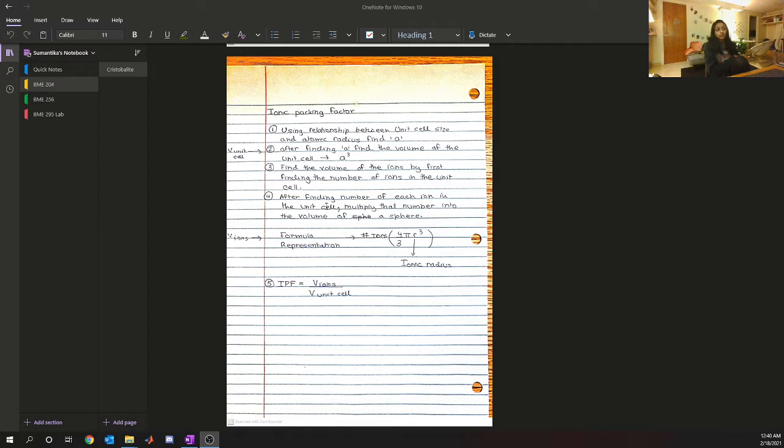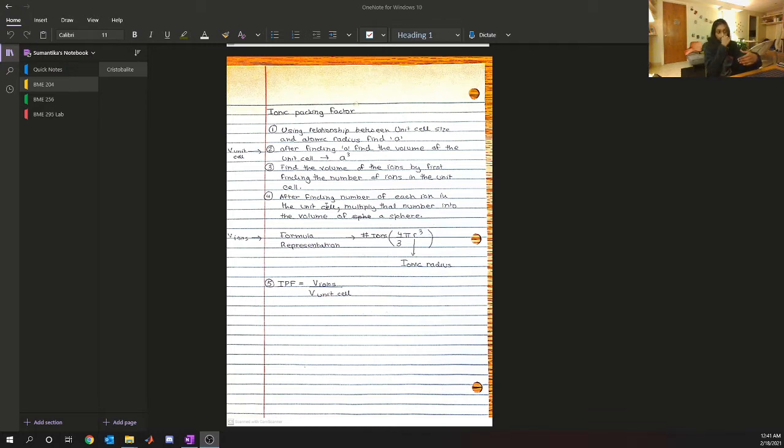Then you find the volume of the unit cell using A cubed. Then you find the volume of the ions by first finding the number of ions in the unit cell, which I will talk about more when we do the question. After you find the number of ions, you multiply it by the volume of a sphere, which is essentially the volume of the atom itself.